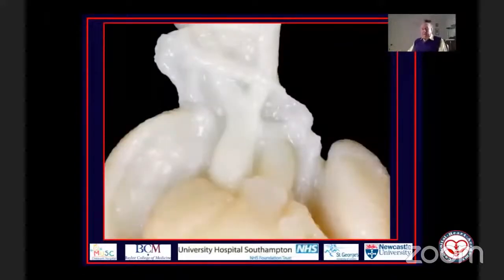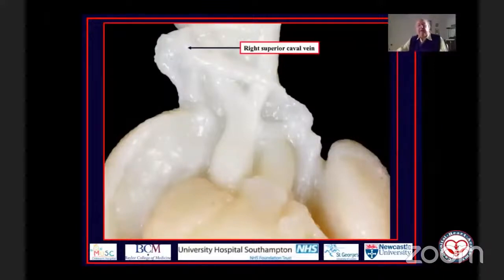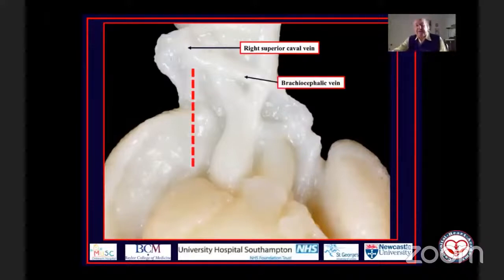So here I'm using some of the still images from a case of Diane's to show you what happens when we have presence of the cranial component of the right superior caval vein, but its proximal part is absent. But look what happens to the venous drainage. It passes through the brachiocephalic vein, and then it drains into the left superior caval vein.